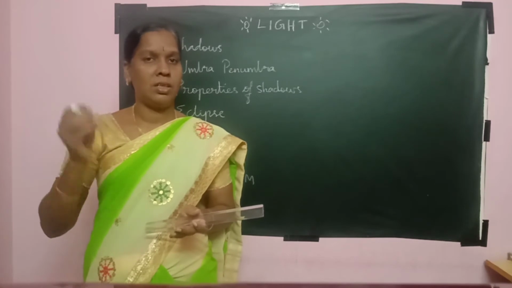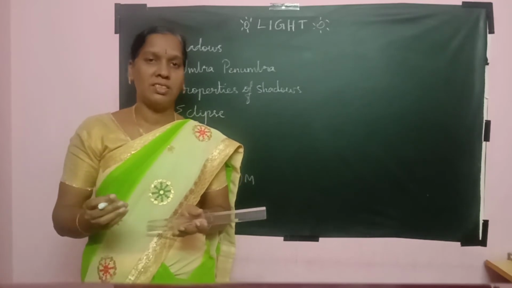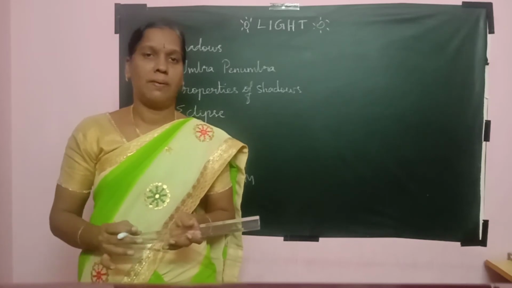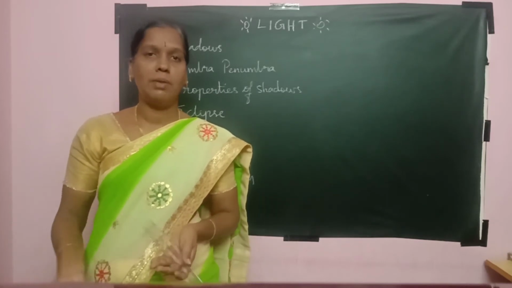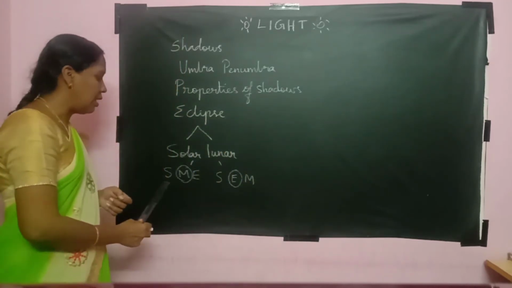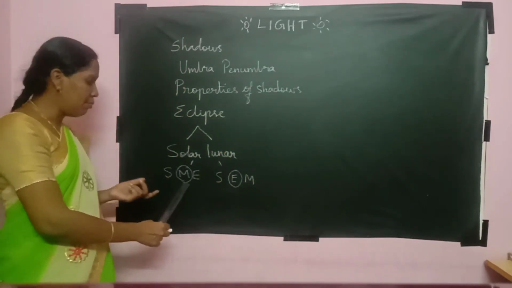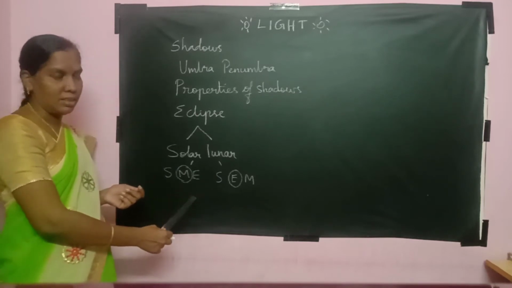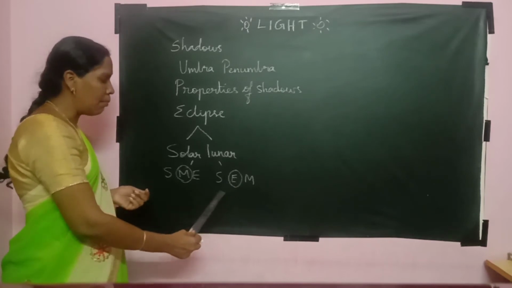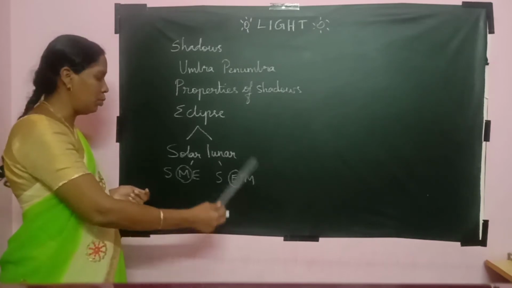It is based on the property of light said to be the rectilinear property of light. In short form we can say, in a solar eclipse the moon is between the sun and the earth. Regarding lunar eclipse, the earth will be at the center between the sun and the moon.